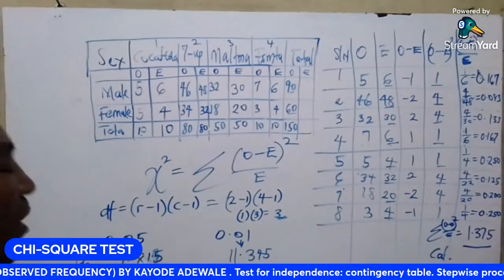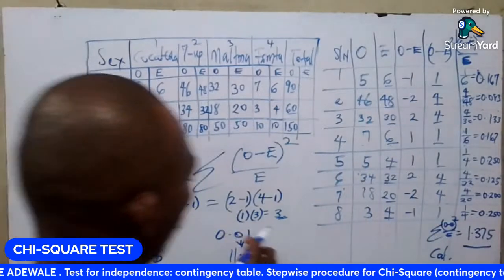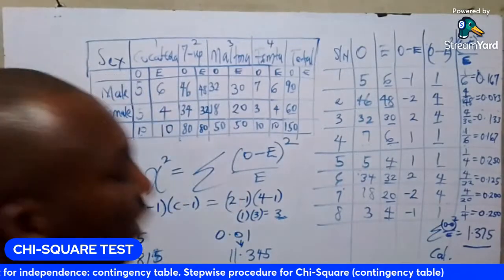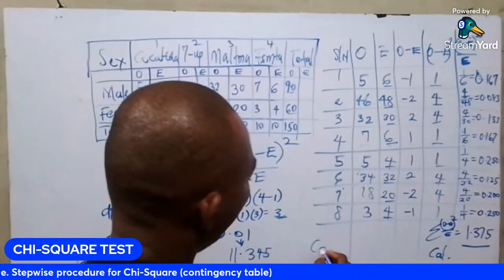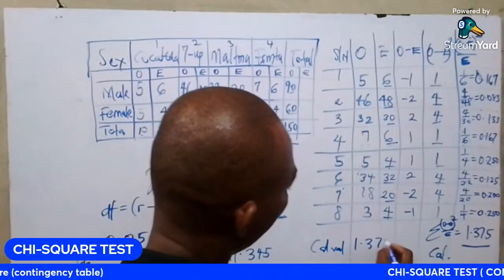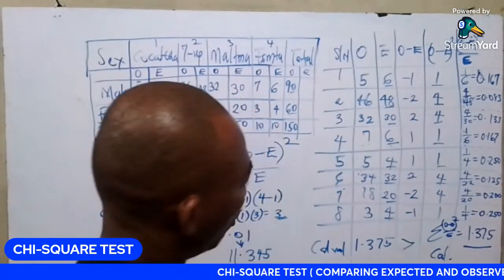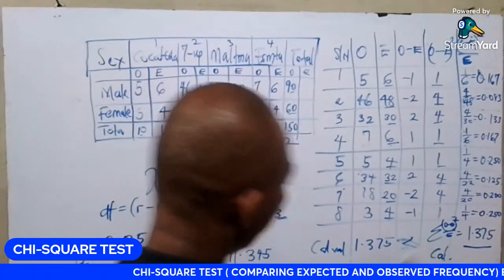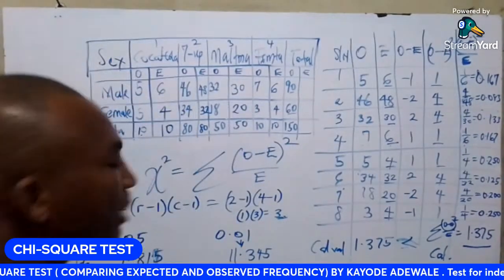7.815 under 0.05, 11.345 under 0.01. But when you look at these two, you see that the calculated value is 1.375, which is lesser than any of these.